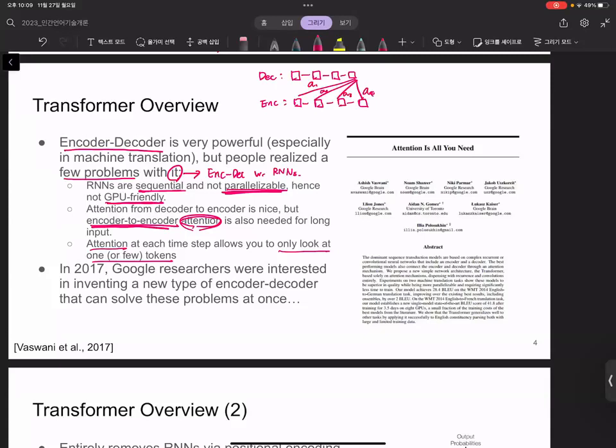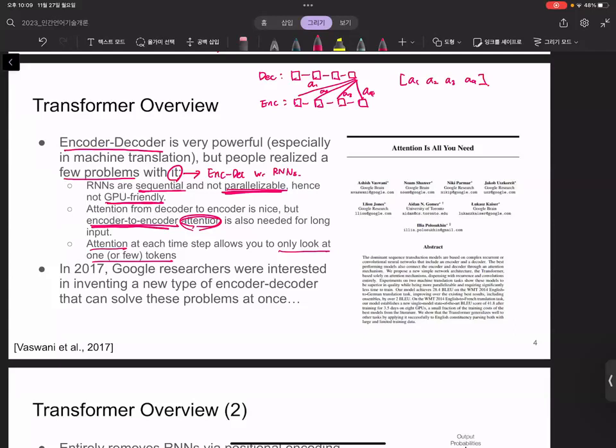We want this A1 to A4 to not be sparse. We want this attention vector to be a dense vector.